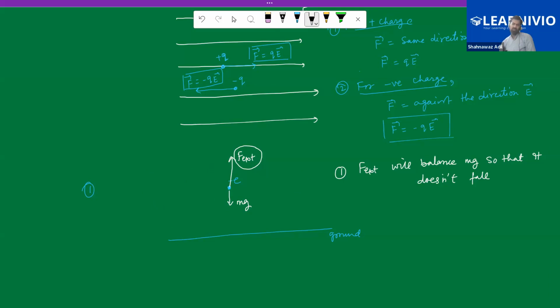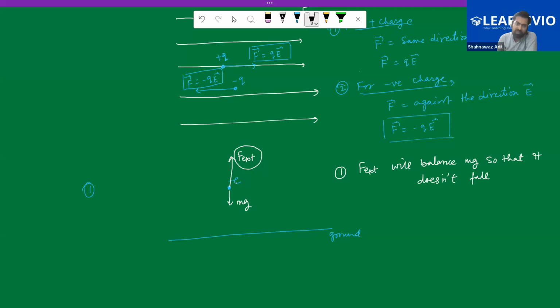Did you understand the question? The direction of the electric field should be towards the ground. Towards the ground, downward, right? Because F external is upwards, force is upwards.